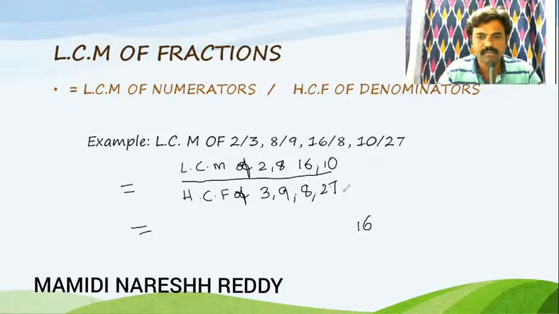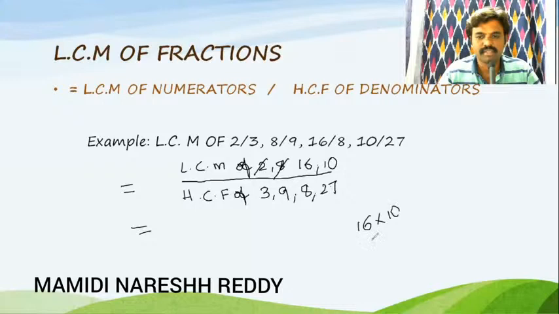And for the remaining numbers, we need to check whether they are factors, or whether 16 is the multiple of all other numbers. If you see, here 2 is the factor of 16, so I'm cutting down this 2, and 8 is also a factor. I'm cutting down, and 10 is not a factor of 16, so here 10 is remainder.